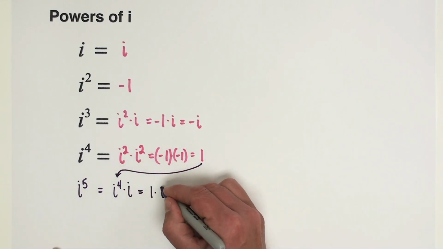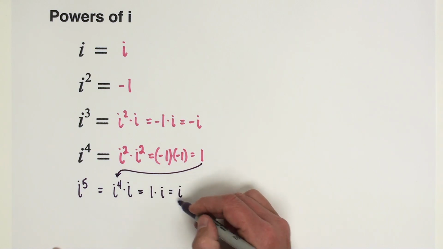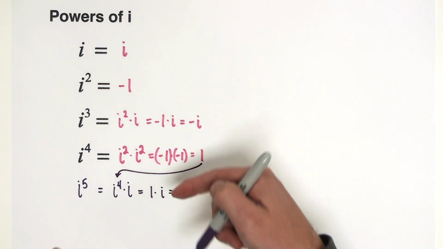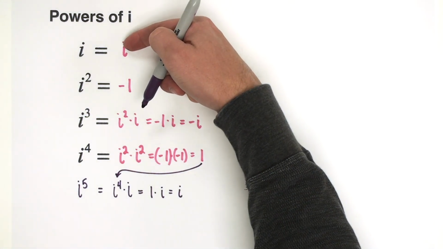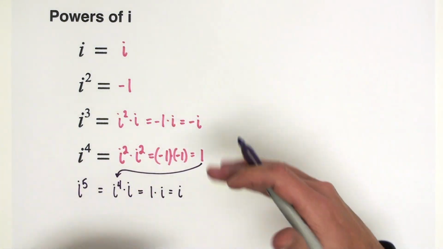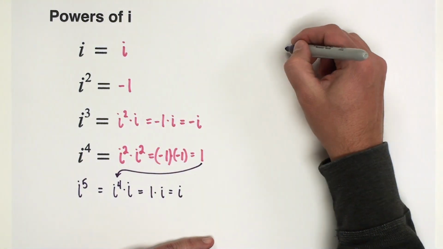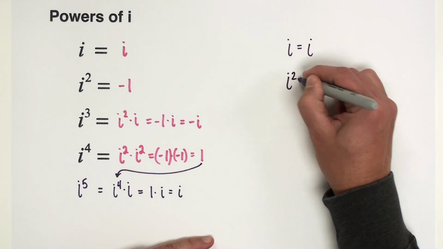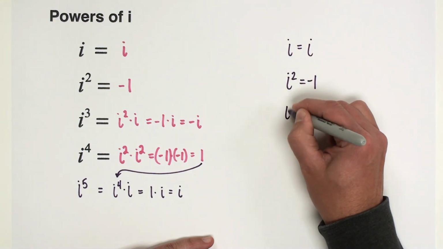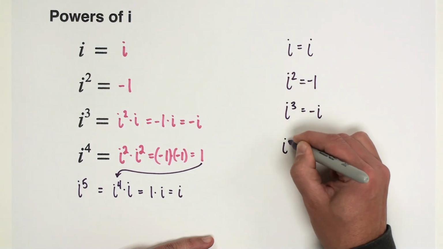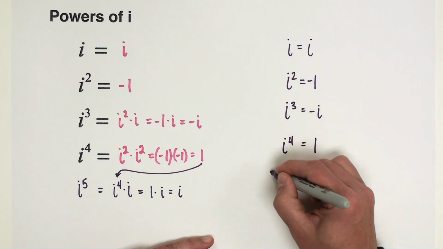So this is just 1 times i, which is exactly what we started with, right? And so we see we're right back at the beginning. And that's what's going to happen. We're going to have a cyclic pattern here. I'm going to rewrite them over here for you. i is equal to i, i squared is equal to negative 1, i cubed is equal to negative i, and i to the fourth is equal to positive 1.